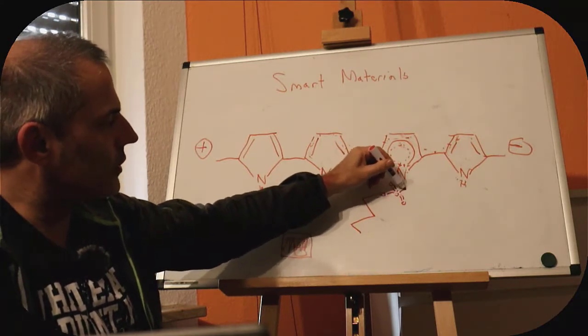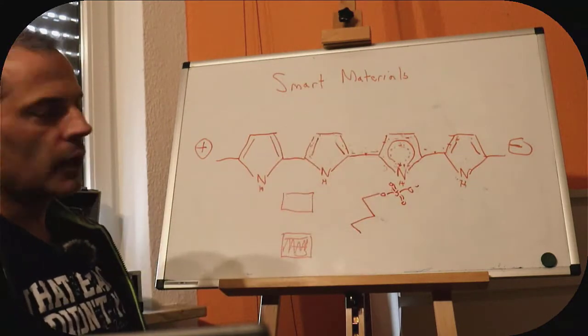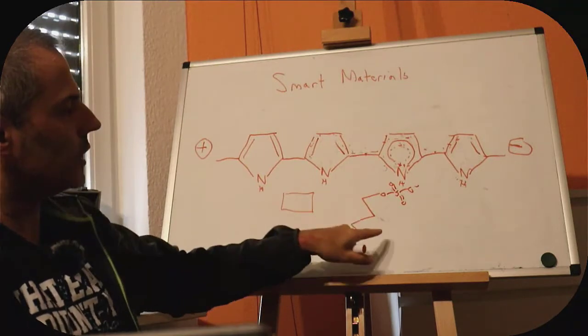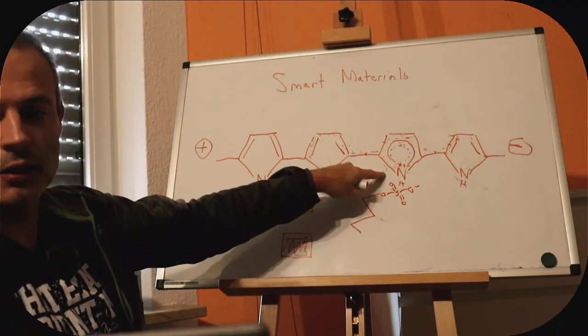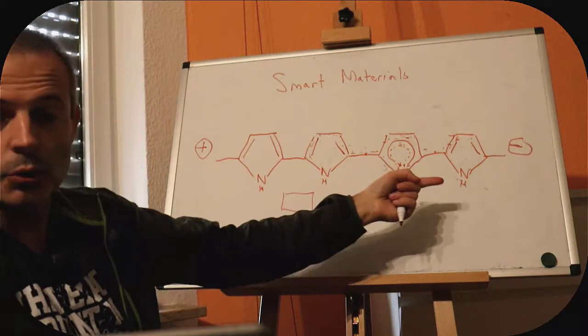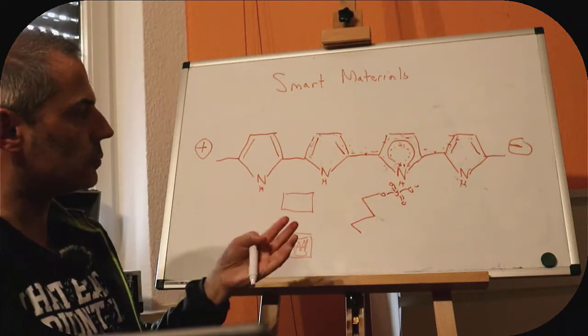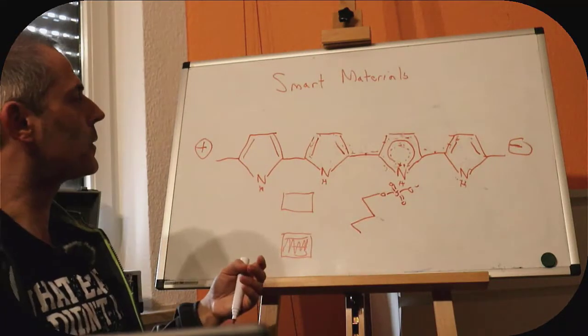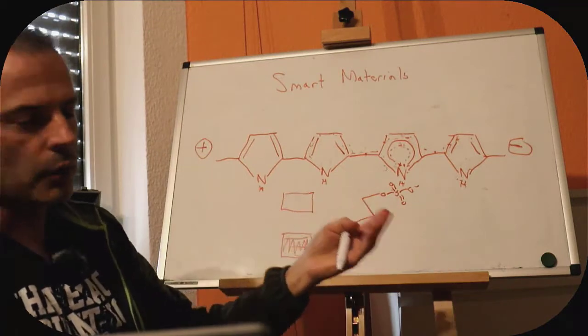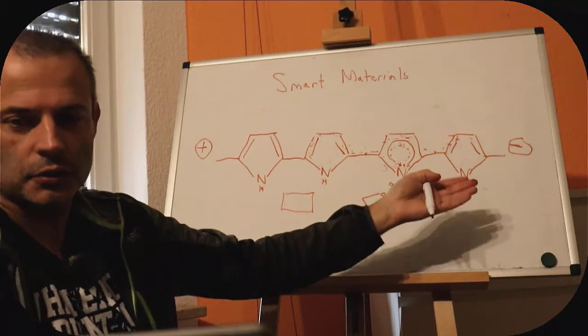So a sulfate anion, and the anion will hang around near the positive charge, and obviously it has to move as the charge moves along the chain, but it might go slower, or it might be a different one that comes and associates with here.